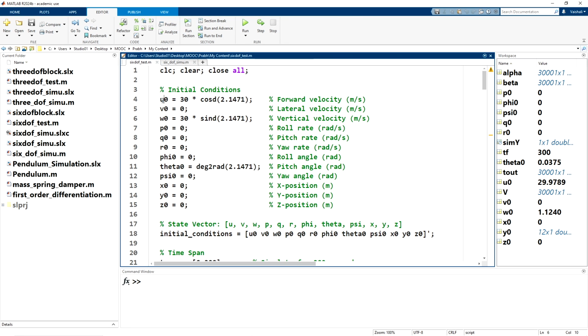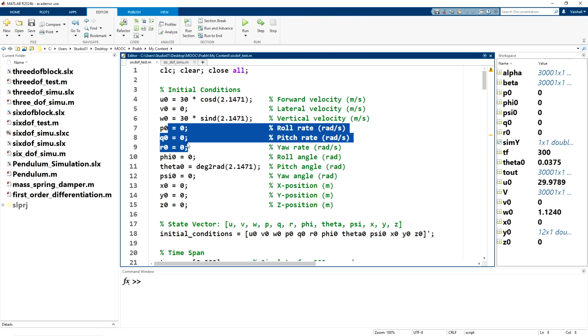So, here the initial condition will remain the same, that is u naught is V cos alpha. Alpha is assumed to be the initial angle of 2.1471 degrees, and side velocity I am considering as 0, and the downward vertical component velocity we calculated again, it was V sine alpha. Here total V is 30 meters per second, times sine alpha, and the rates I am assuming initial conditions to be 0.